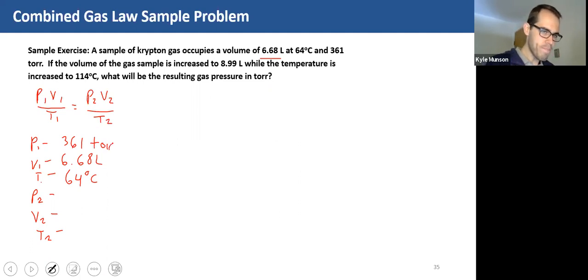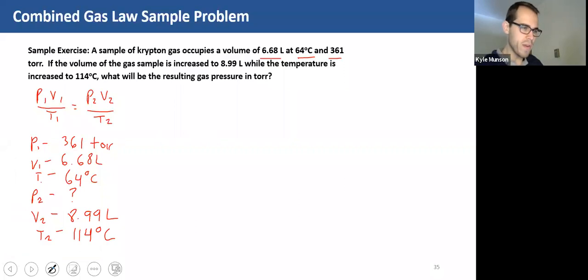So these are our initial conditions. And if the volume of the gas is increased to 8.99 liters, while the temperature is increased to 114 degrees Celsius, what will be the resulting gas pressure in torr? I don't know P2. So these are all of our variables over here. Now we're going to use this equation to get the pressure in torr, so I want to get the variable P2 by itself.